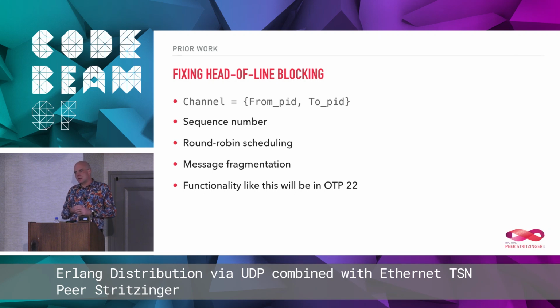This was made much easier by the OTP team, who thankfully improved, okay, I have to go one step back. There's an API in the Erlang runtime system which allows you to plug in your own distribution protocol, your own transport. Before, you actually had to write a port driver, and it was all at C level, and that was pretty complicated.